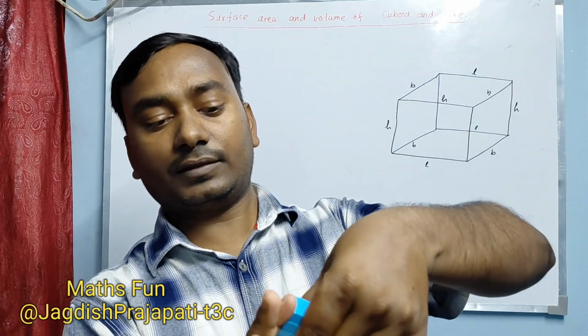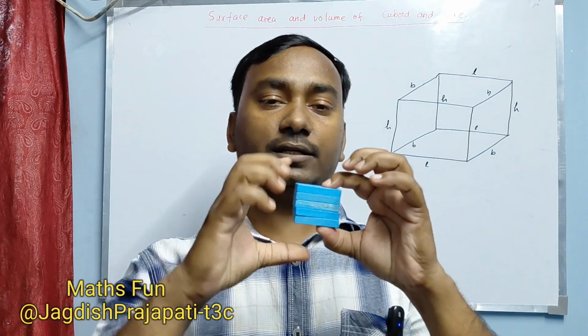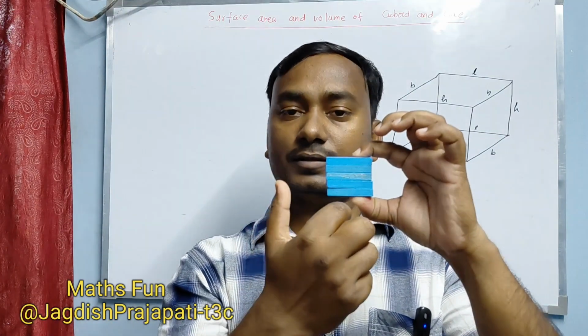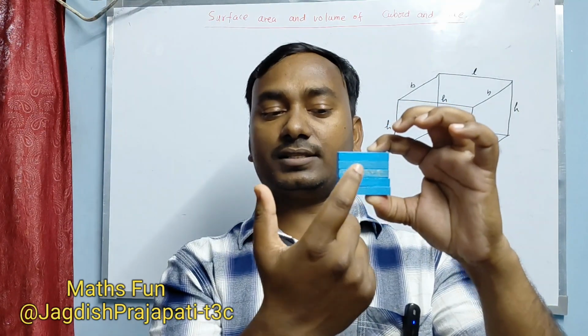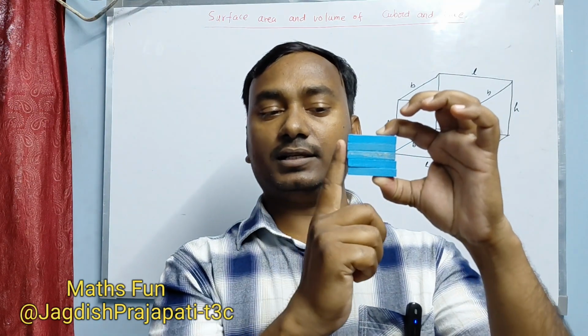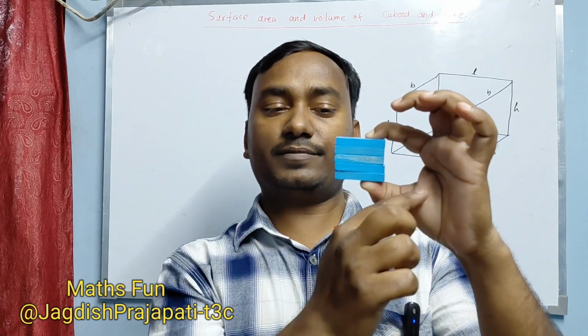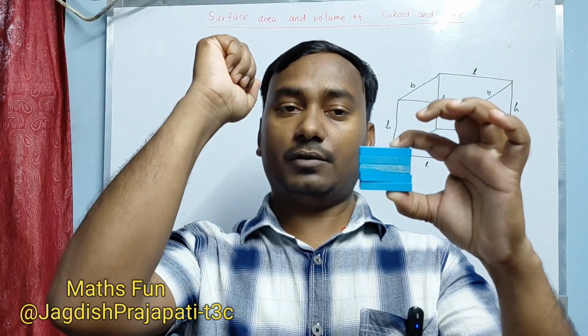So actually this is the cuboid. This structure has six faces. The first one is this back side, right side, left side, and one bottom and one top. So there are a total of six faces.